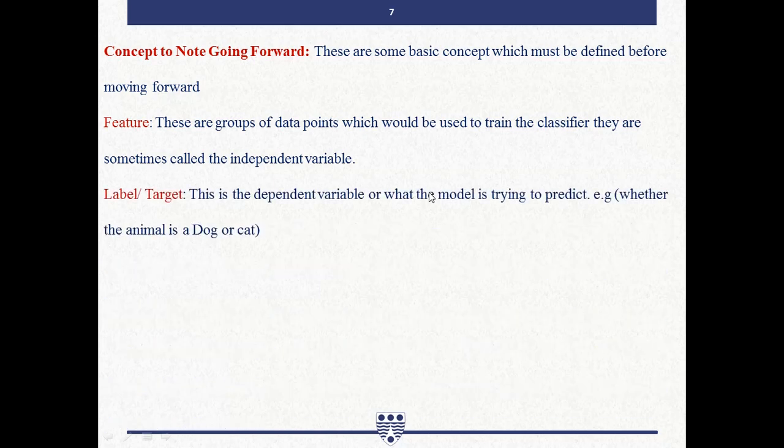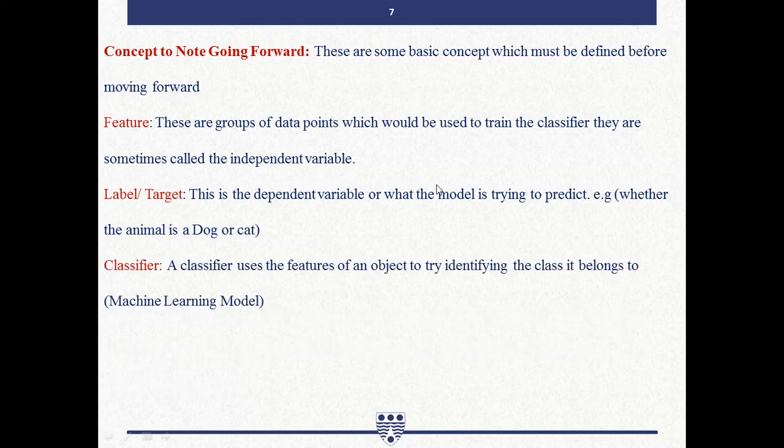The next one we are going to define is the label. The label is simply the dependent variable, or what you want to predict. The machine learns from the features so as to predict the labels. Does that make sense? Now the next concept to take note of going forward is the classifier.